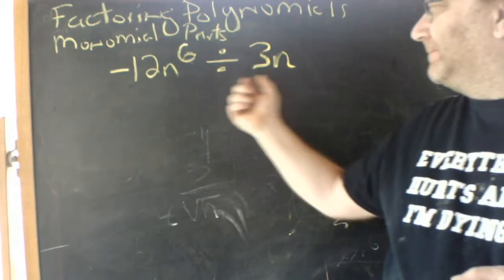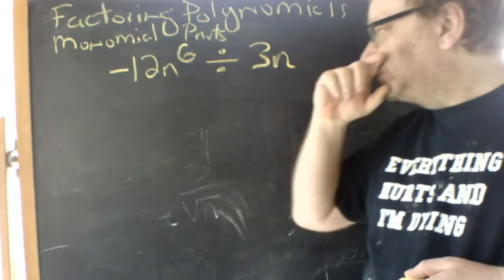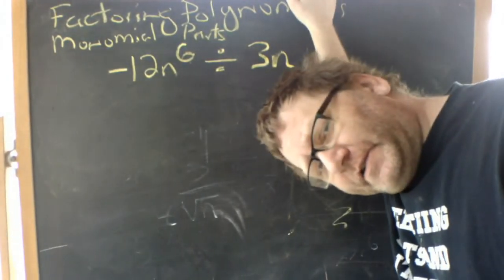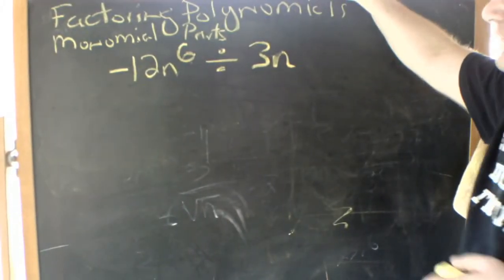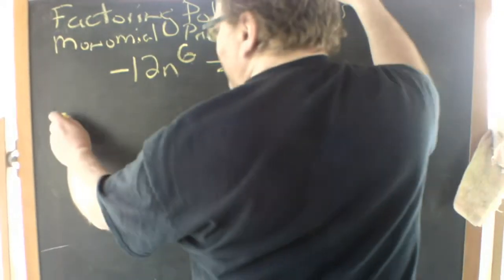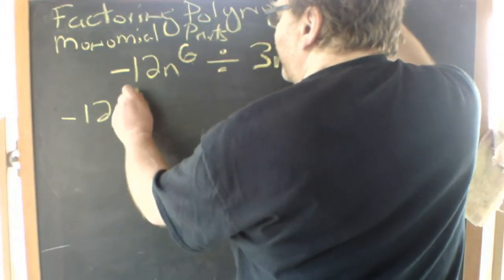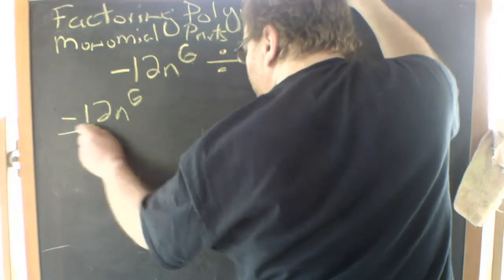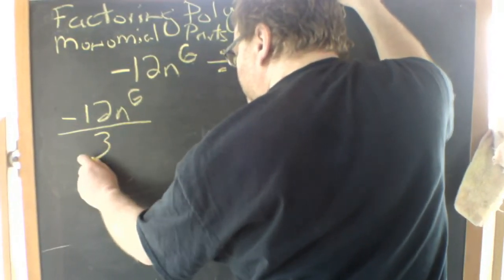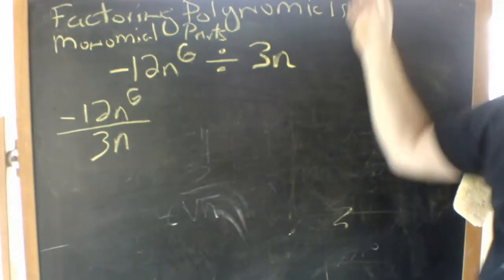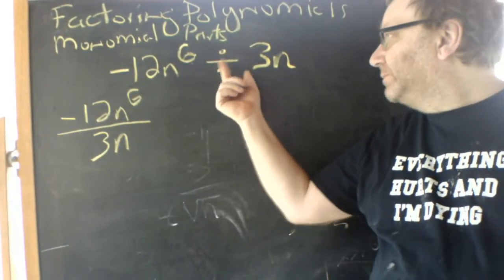Now, in this format, a lot of things are not apparent for us. So in this case, writing it in the fractional form of division can help us. Now remember, these symbols are interchangeable, I hope.